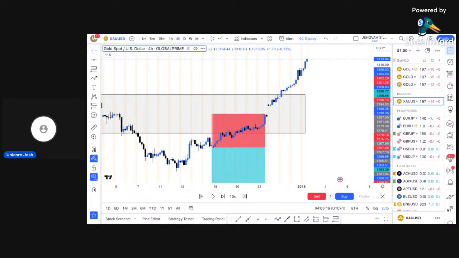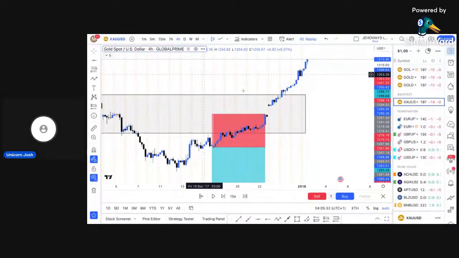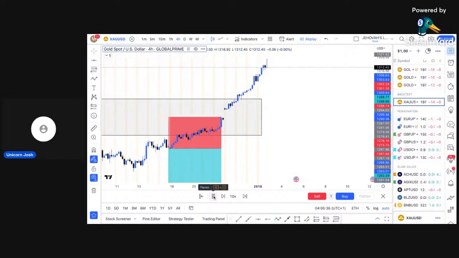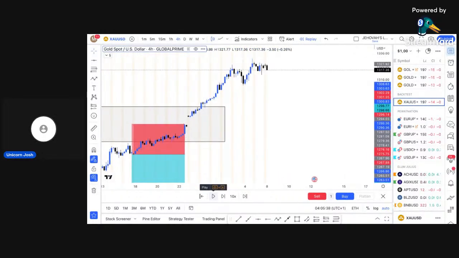So I'm going to persist with the backtest and take it all until the end of the chart, so that I have a total view of what this strategy can do, what it is all about. So let's do a quick one, and we'll see how to apply this strategy.